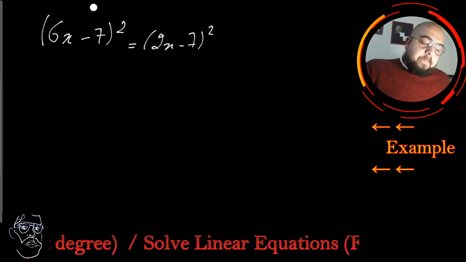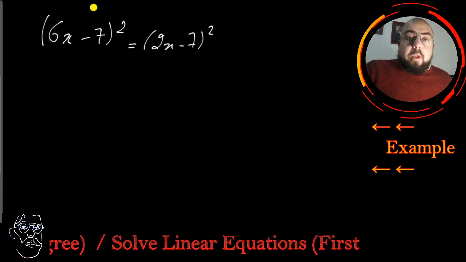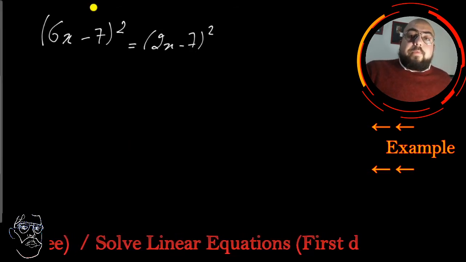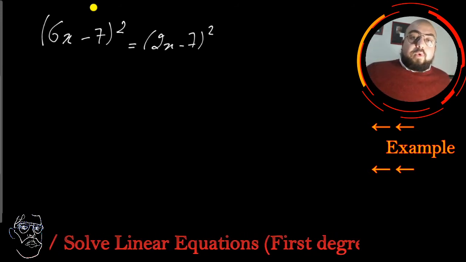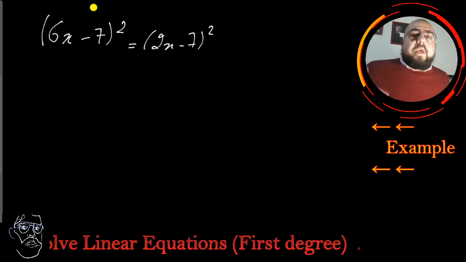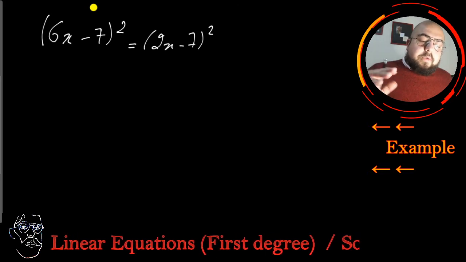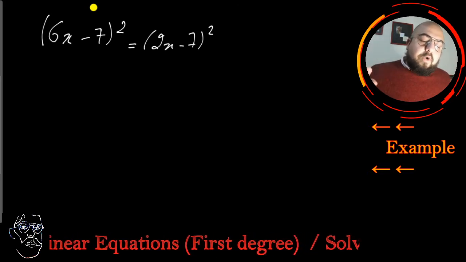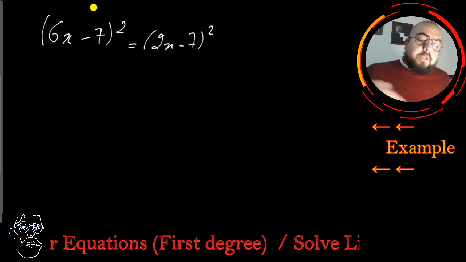As you can see, in case I expand it, this equation will be of second degree. So you have (6x minus 7) to the power of 2. So it will be second degree. So in order to avoid having second degree and then to factorize, you simply check this form, which should remind you of a squared minus b squared.